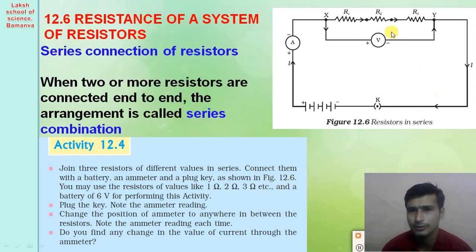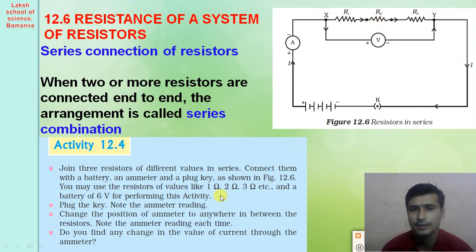The ammeter shows the current passing through the resistors. You may take any value of resistance.